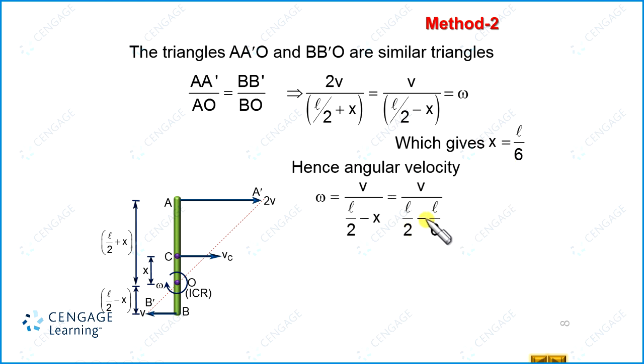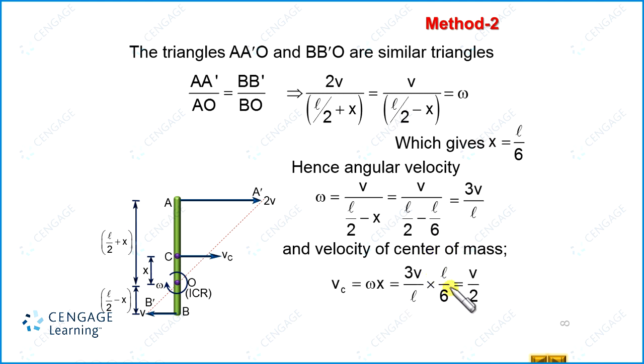After solving, we can find omega equal to 3V divided by L. This is the angular velocity. Now the linear velocity of the center of mass should be equal to omega multiplied by x, and x we have already calculated. So Vc equal to 3V divided by L multiplied by L by 6. This is equal to V by 2.